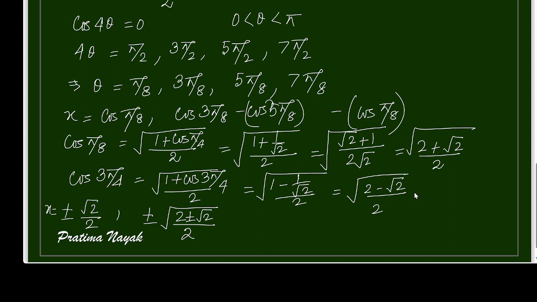Similarly, here also plus minus, so it will be ±√(2 − √2)/2. So these are the values of x. These are the solutions.